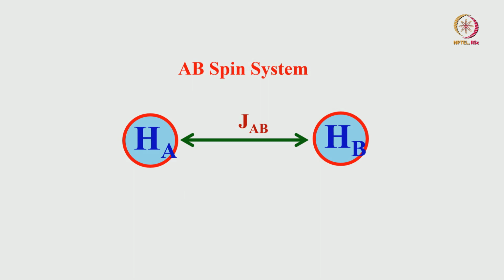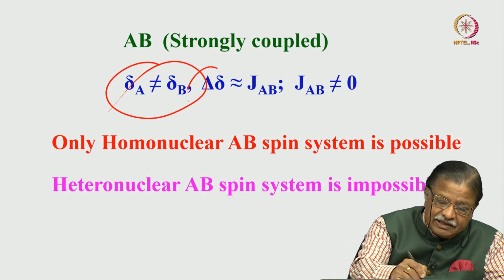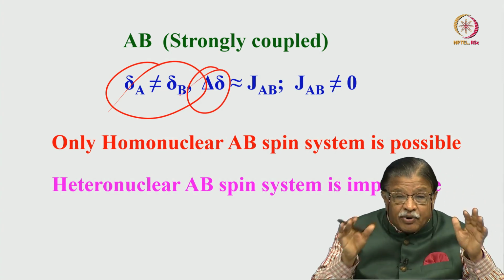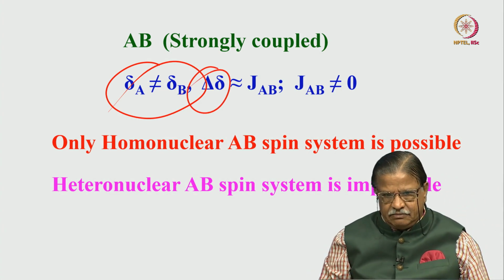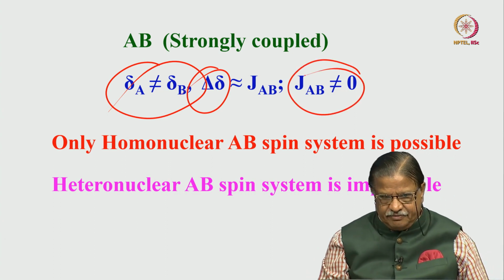And if we go further, we have another example of a strongly coupled two spin system, AB. Earlier it was AX, now it is AB. As I said, the two letters are close in the alphabet, which means they are strongly coupled spins. In the case of strongly coupled spins, the chemical shift of A is not equal to that of B, that is, they are two different chemical shifts, but the difference in the chemical shift, delta nu, is approximately equal to the J coupling, and the J coupling is non-zero in this case.